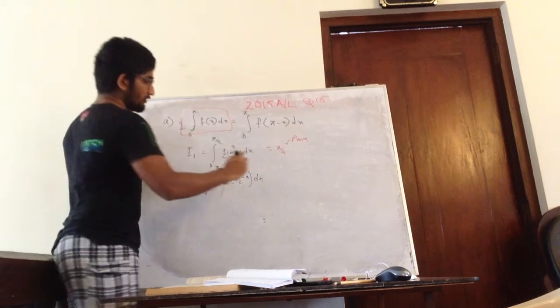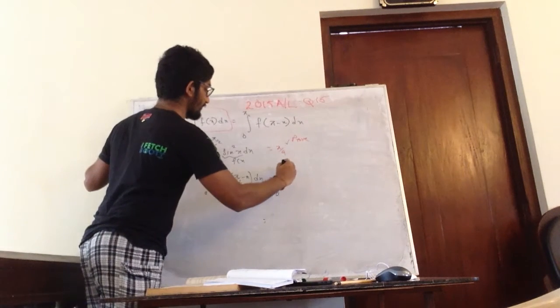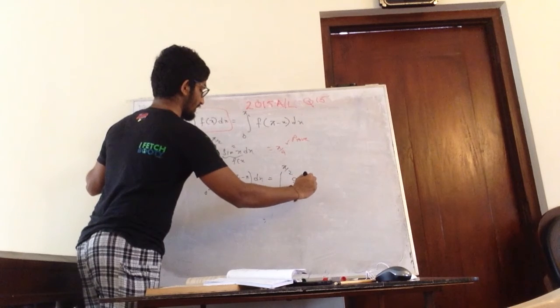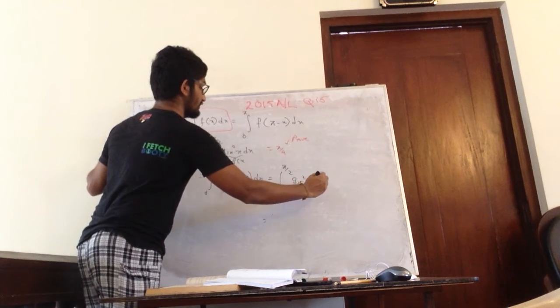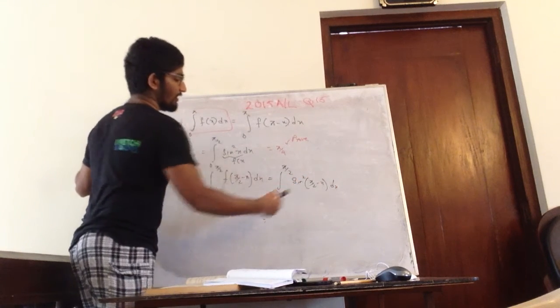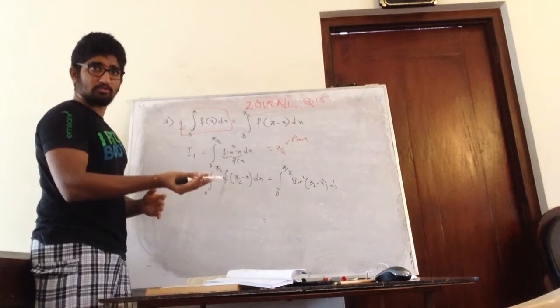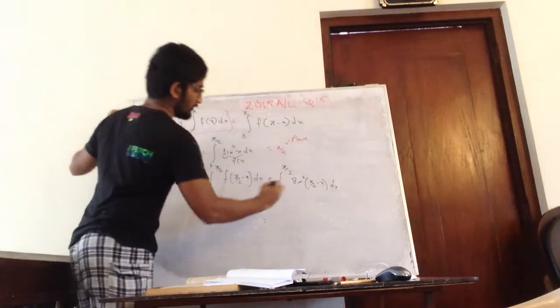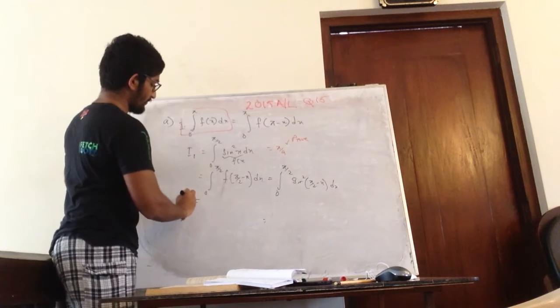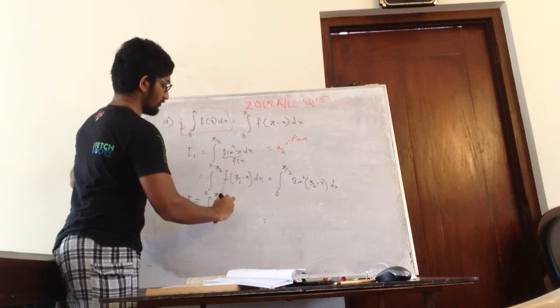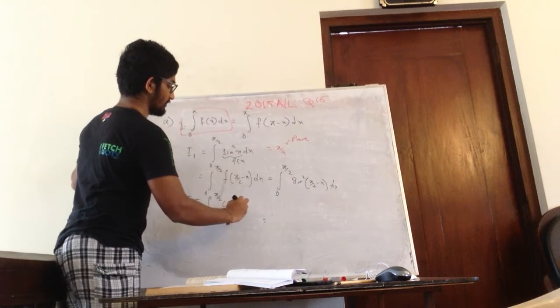Now sine of (5 over 2 minus x) is going to be cos, no? So I1 is the integral from 0 to 5 over 2 of cos squared x.